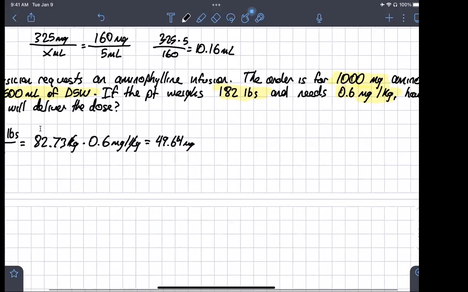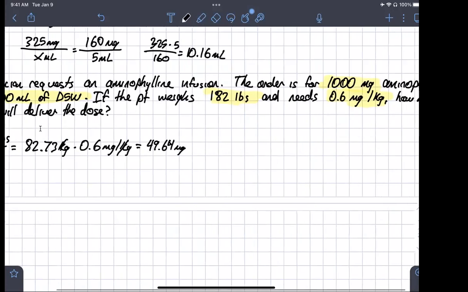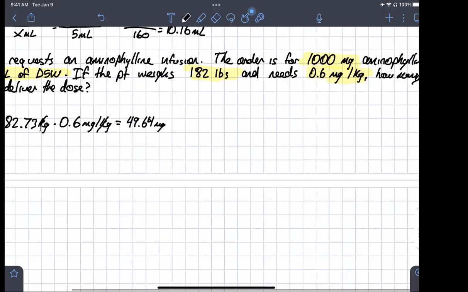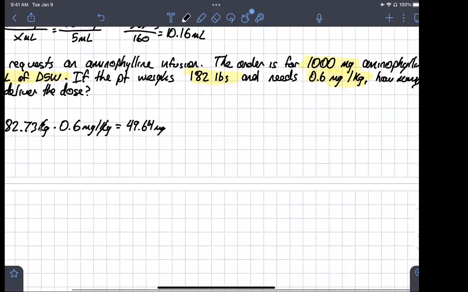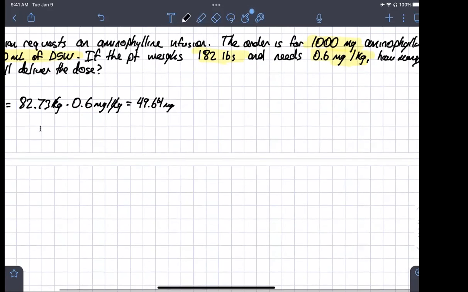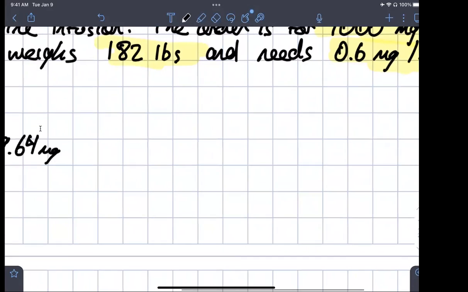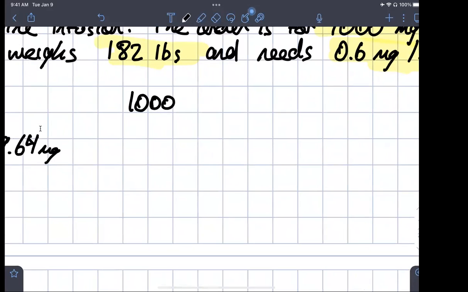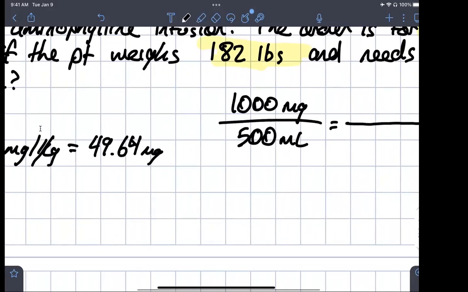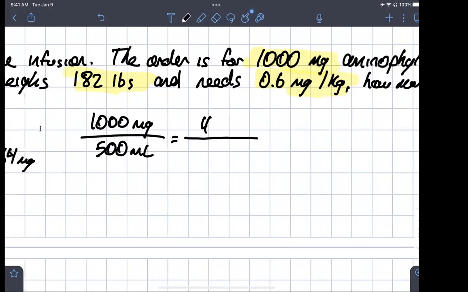Okay. So the order is for 1,000 milligrams in 500 mils. If he only needs 49.6 milligrams, we need to know when to stop it, when he has achieved his total dose. So we have our 1,000 milligrams in 500 mils of dextrose, and on this side, we have what we now know as the dose he needs, 49.64.